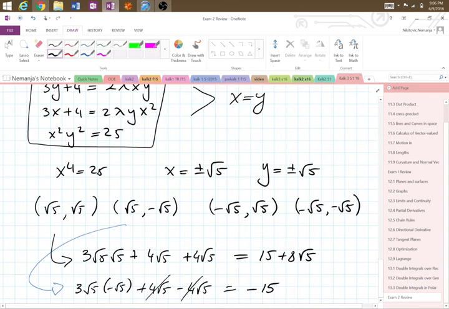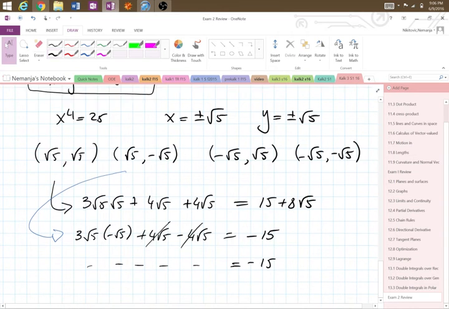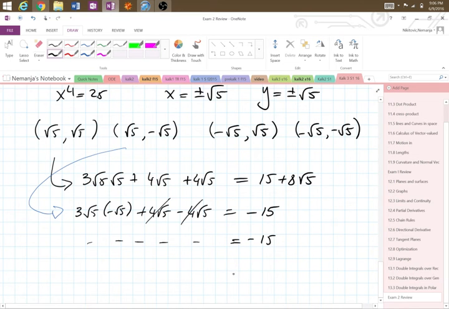Because it's symmetric, the third one will be the same, negative 15, and at the end the other one will be 15 minus 8 root 5. So clearly our max is at root 5, root 5.